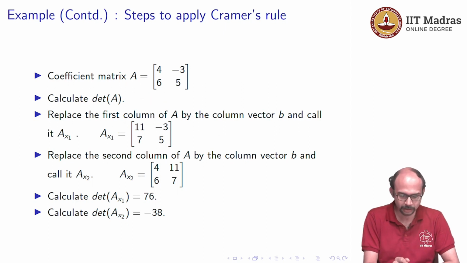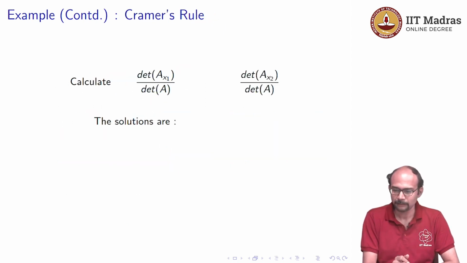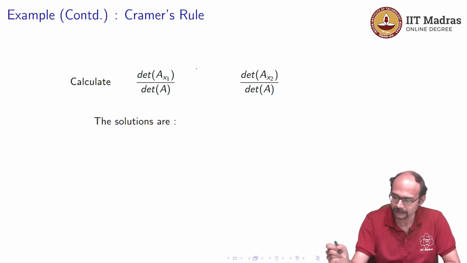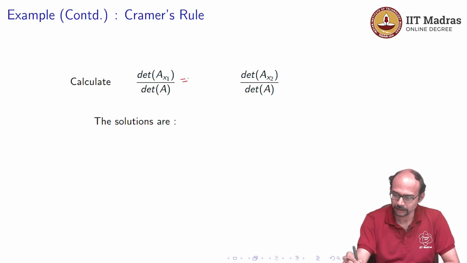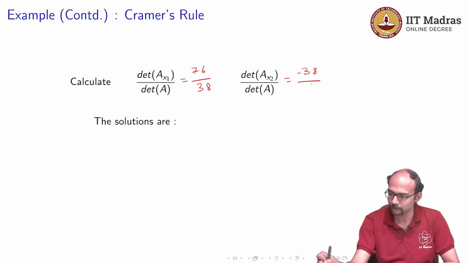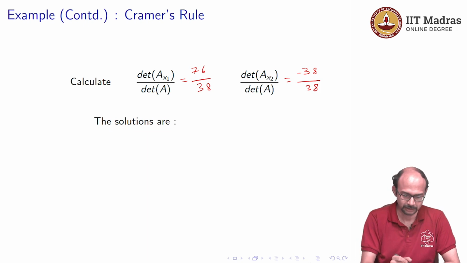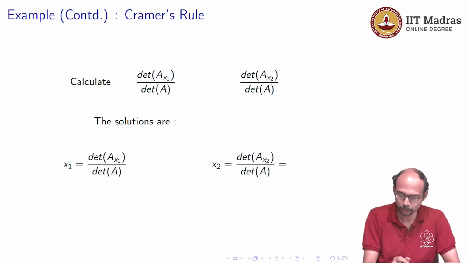So, Cramer's rule will say, let us calculate determinant of A subscript x1 by determinant of A, and determinant of A subscript x2 by determinant of A. So, let us do that. So, this is 76 by 38, and this is minus 38 by 38, and these are exactly the solutions.